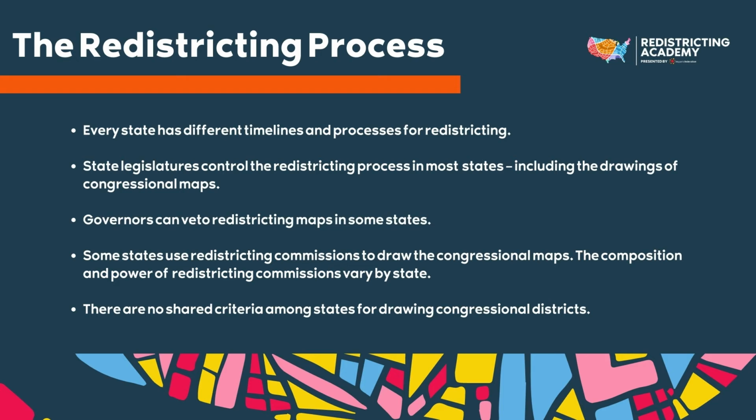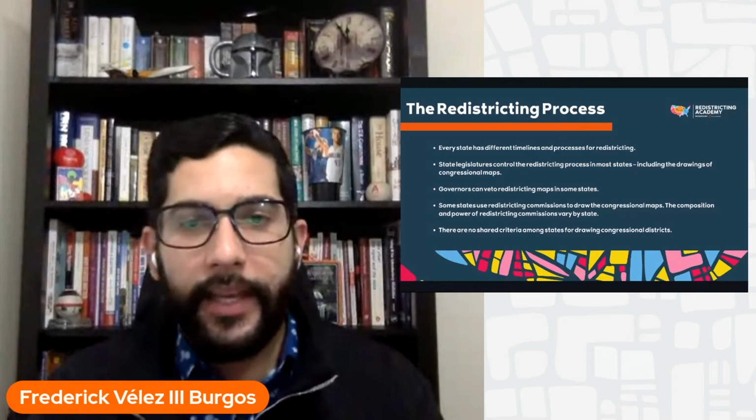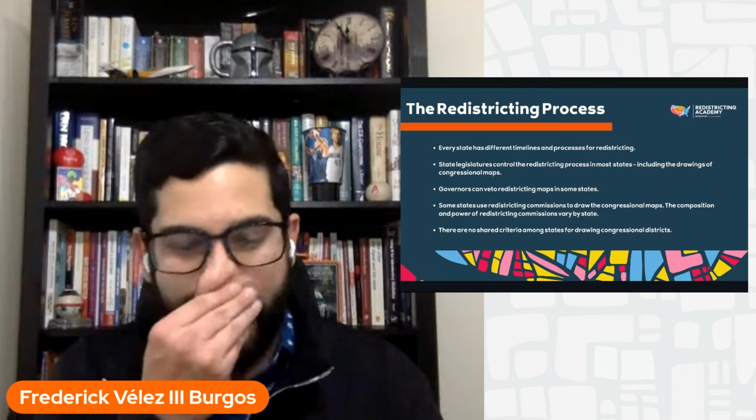Then in other states, it's not the state legislature who controls the redistricting process, it's redistricting commissions who draw the congressional maps. And again, just like the redistricting processes and timelines vary by state, the composition, power, and responsibilities of all those redistricting commissions also vary by state.